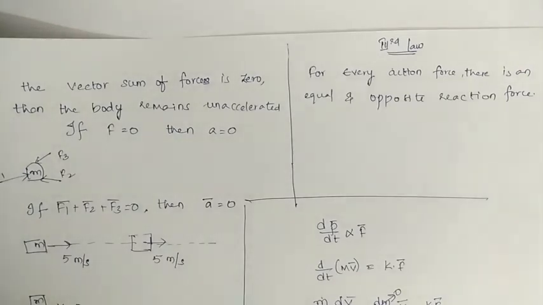So there is a force acting on the book due to the hand in the upward direction, and there is a force due to the book on the hand in the downward direction. In this case, these two forces, the force exerted by the hand on the book in the upward direction and the force exerted by the book on the hand in the downward direction, form an action-reaction pair.